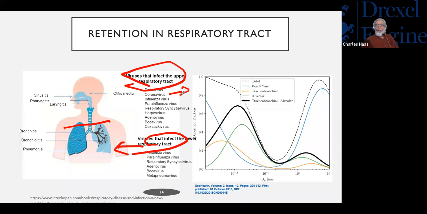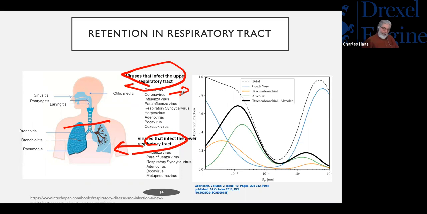And the region that we're talking about for the upper respiratory tract is the head and nose, and to some degree the tracheobronchial.